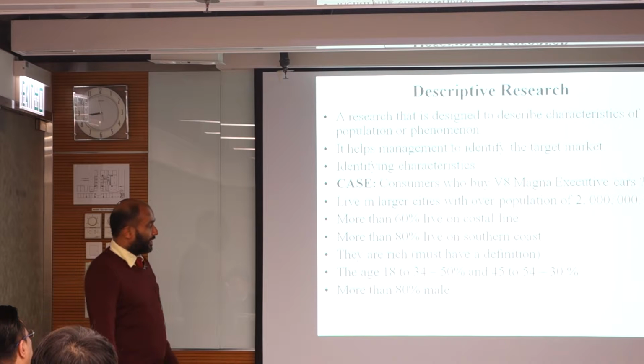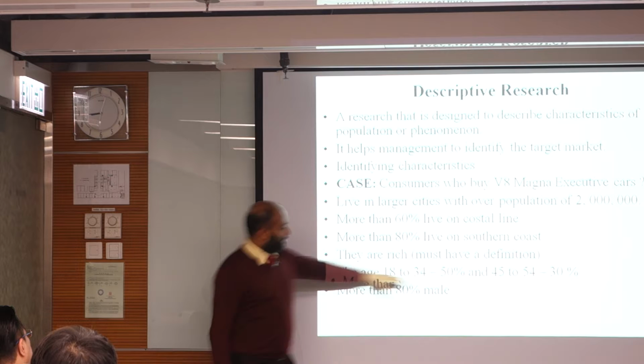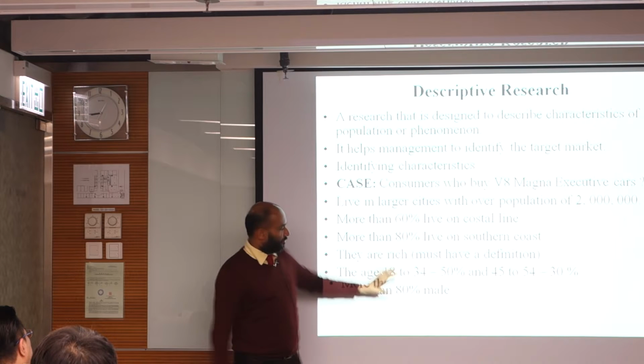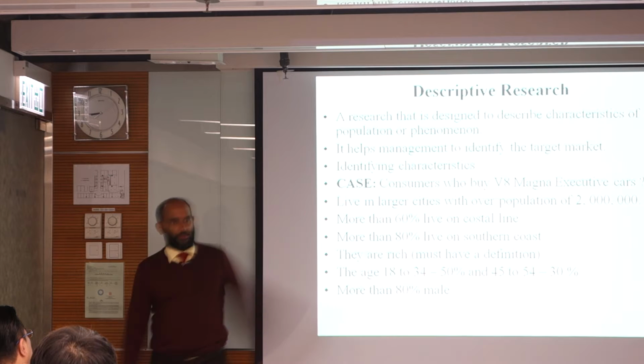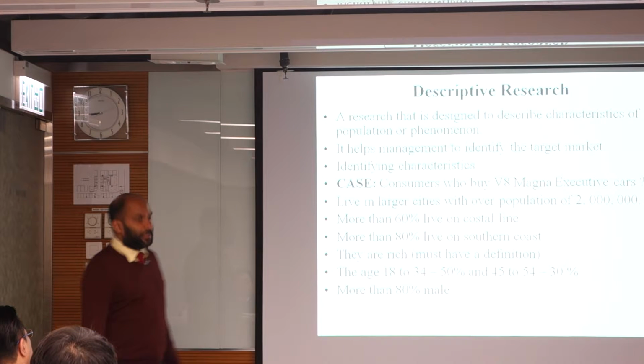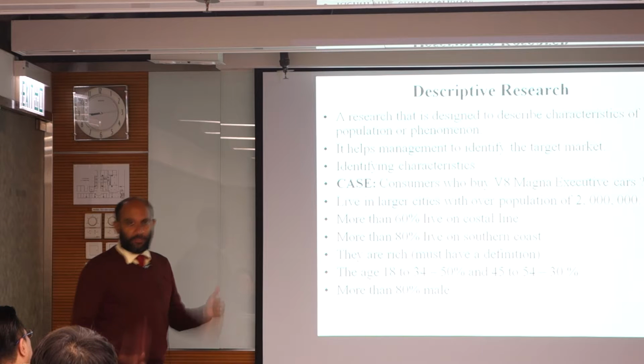It gives you an idea as well, because this group is generally considered not too old. This is of course young, and this is also a little bit not too old. So that means those who like excitement, driving fast.